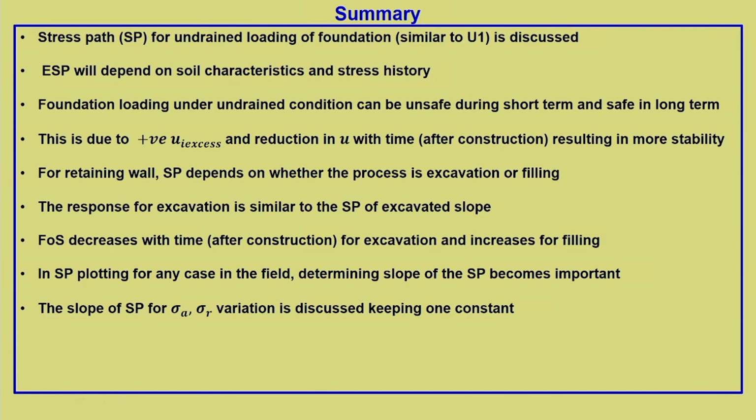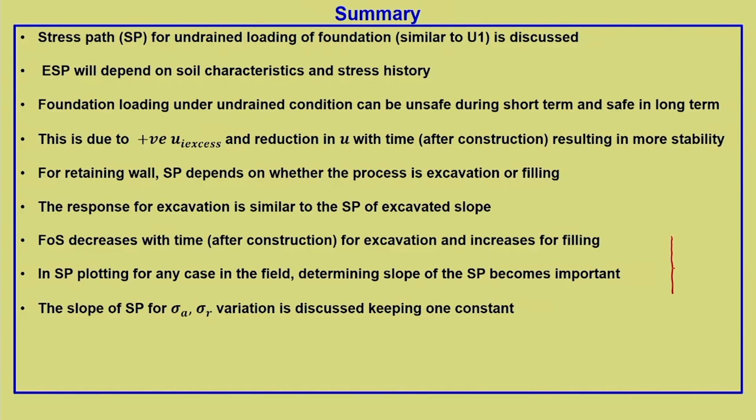So, we have discussed the very critical cases. What are they? We first kept sigma R constant and sigma A increased, and all other similar. There are 4 cases. Accordingly, if this is the failure line, we have got a response something like this. So, we have 4 stress paths.